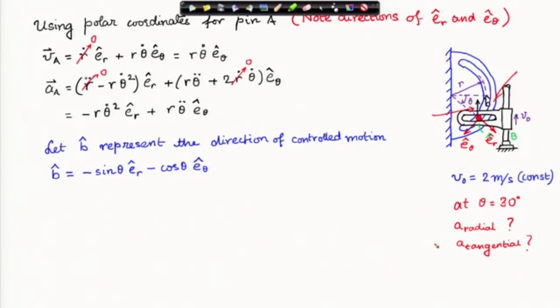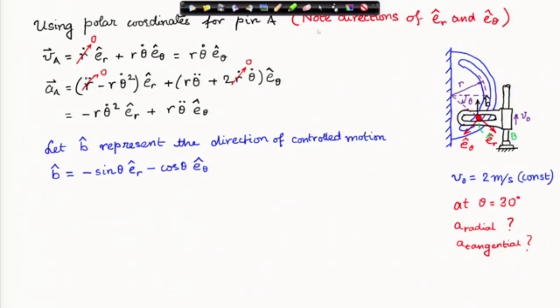I represent b cap in Er E theta coordinates, in the polar coordinates that I am using. You should be able to find this representation of the unit vector vertically upwards as minus sine theta Er cap minus cosine theta E theta cap. So, this is the representation of this control motion direction, which is vertically upwards, the representation of b cap in the Er E theta coordinate system.